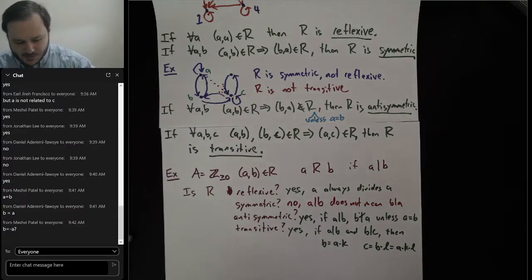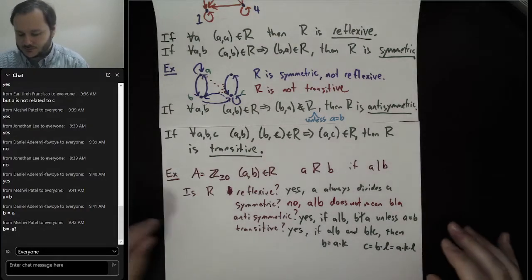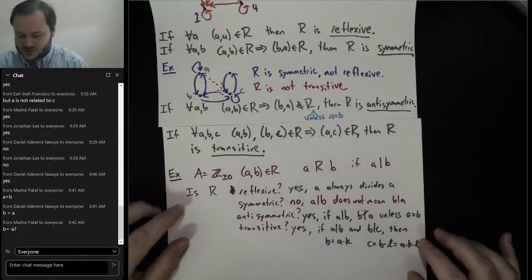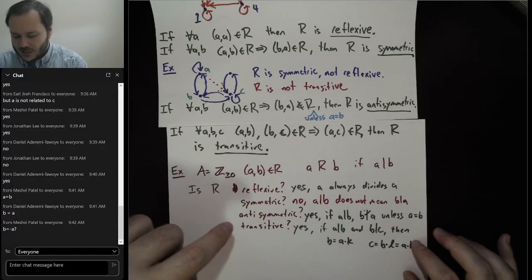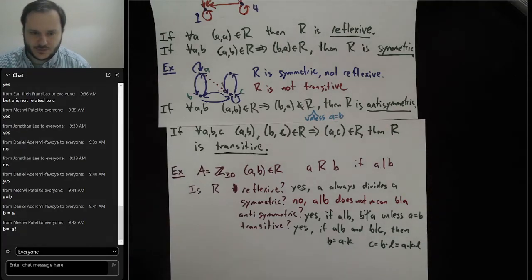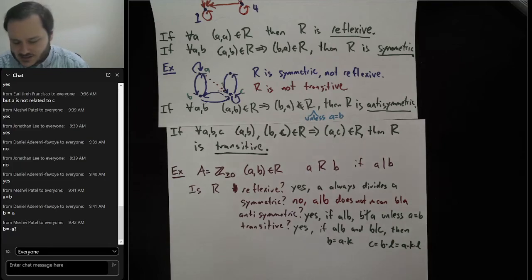And we have a special name for these types of relations that are reflexive, antisymmetric, and transitive. If you are reflexive, antisymmetric, and transitive, then you are a partial order.